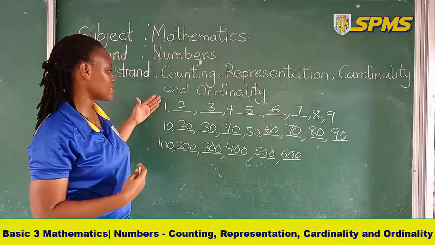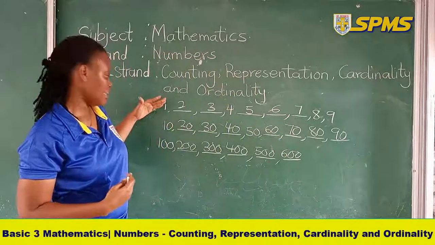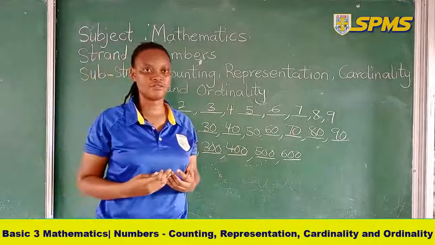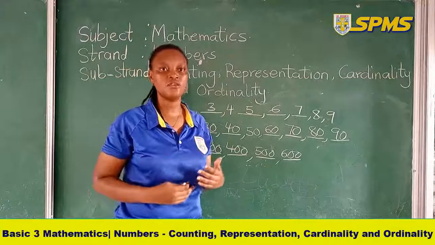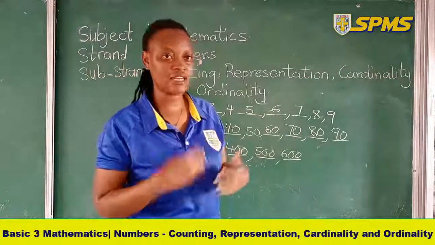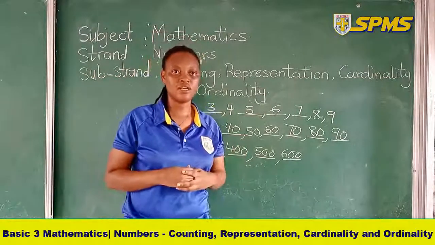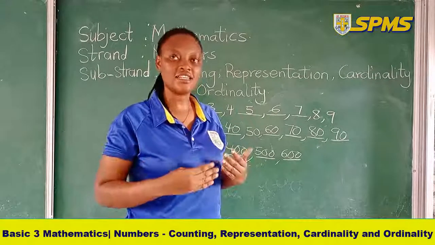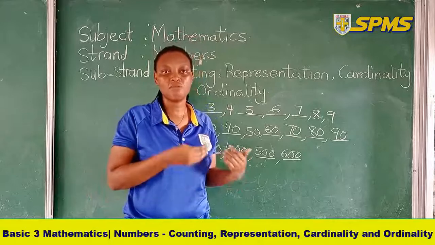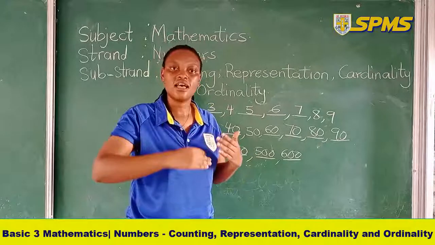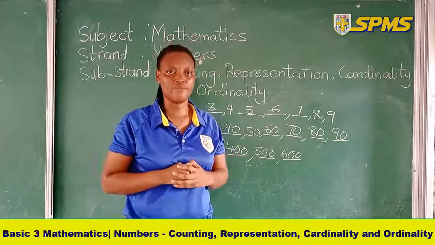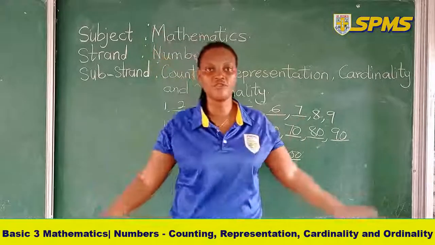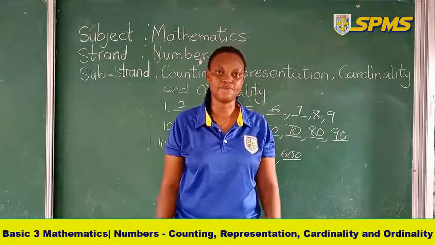So we have skip counted in ones, in tens, and then in hundreds. Skip count means you have to add the number you are skip counting in. It can be 5, it can be 3. So it means that you are adding that number to the previous number to get the next number. Very good. So children, what have we learned today?